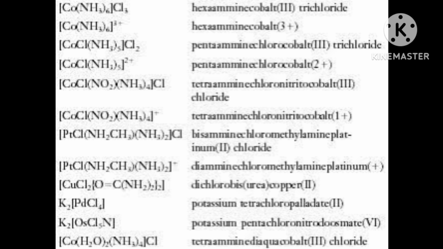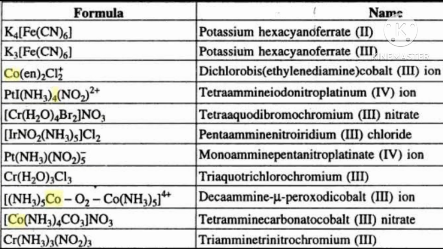Now the next rule, rule 6. When the formula of a charged coordination entity is to be written without that of the counter ion, the outside ion, the charge is indicated outside the square brackets as a right superscript with the number before the sign.